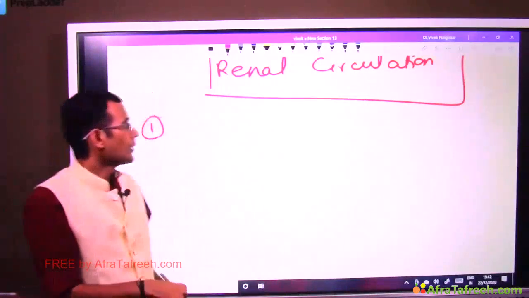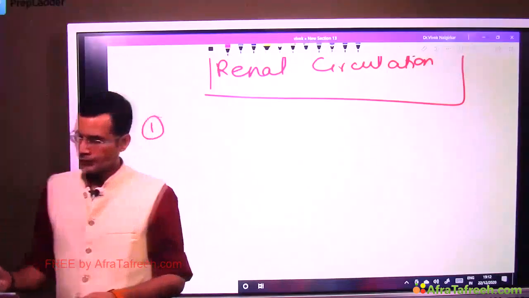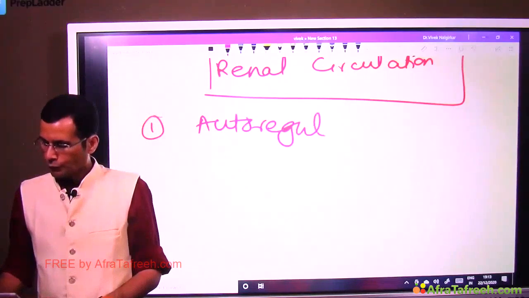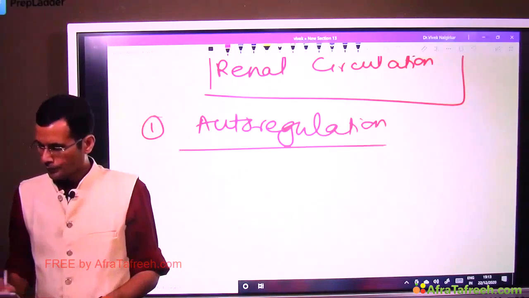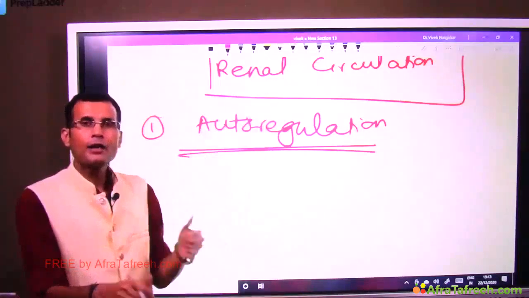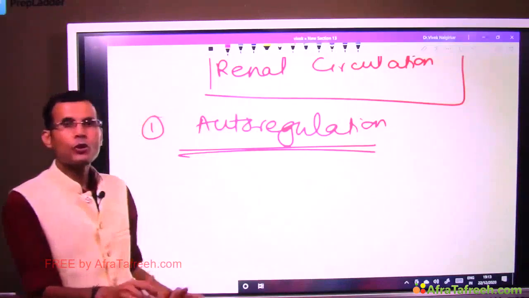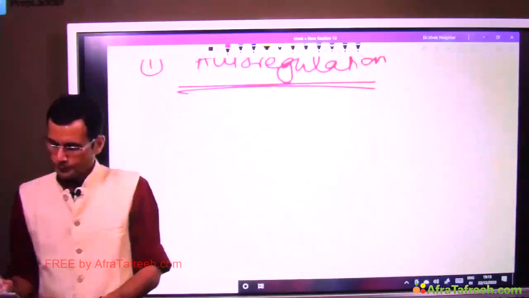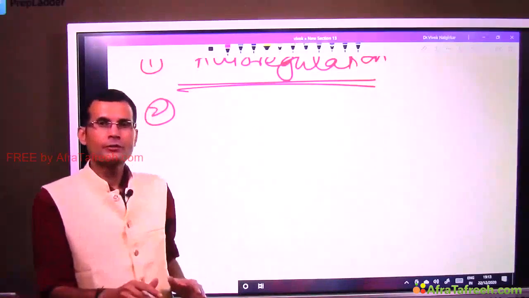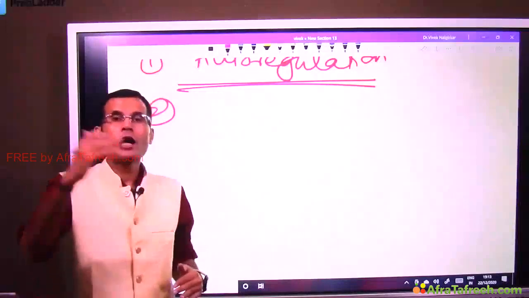First, renal circulation shows auto-regulation of blood flow. Three vital organs, brain, heart, kidney, will show auto-regulation of blood flow. So, kidney shows auto-regulation of blood flow. Second point, this is the only circulation where capillaries lead to arterioles.